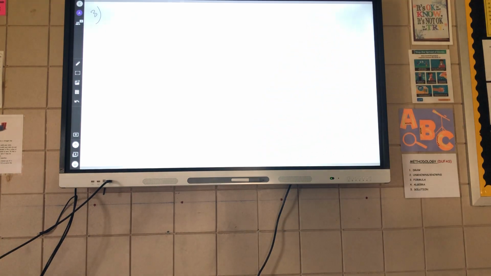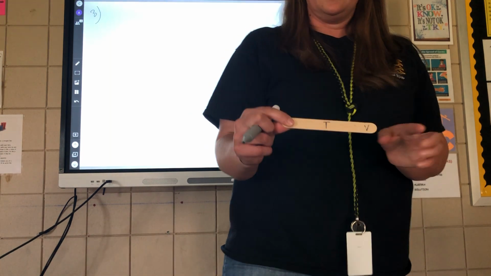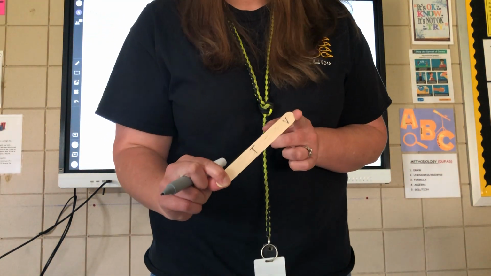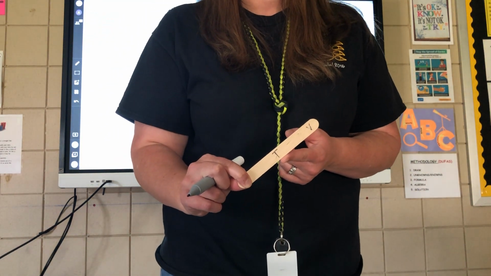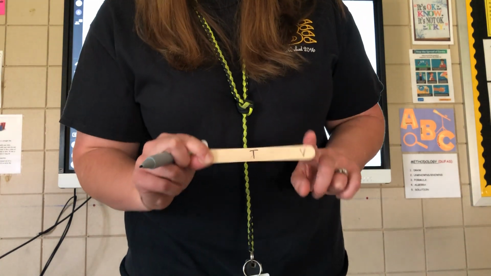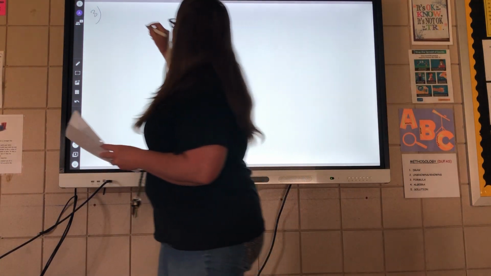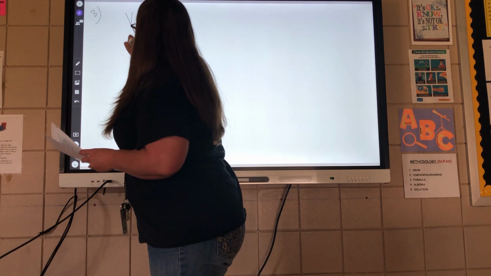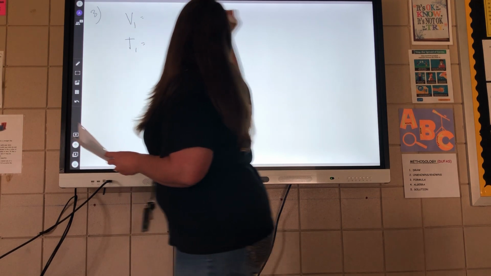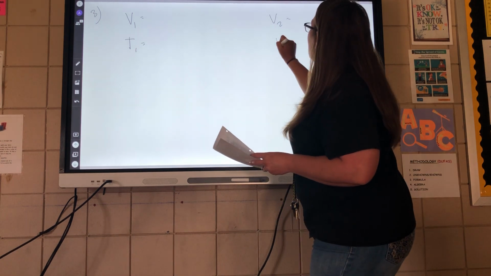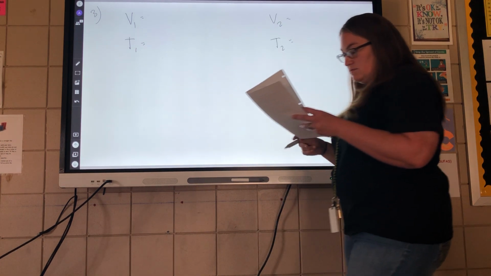So if we cover up the P on our popsicle stick, if volume goes up, temperature should do what? Go up. If volume goes down, temperature should go down. So it's going to be a direct relationship. So I've got V1 and T1, and V2 and T2.